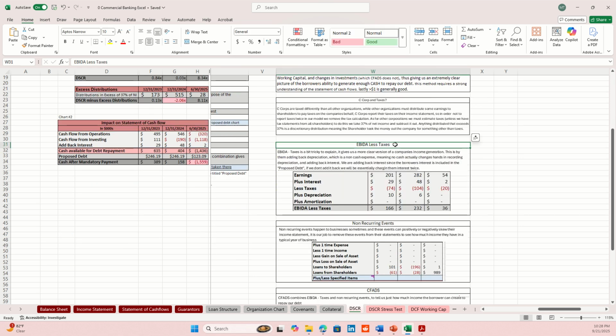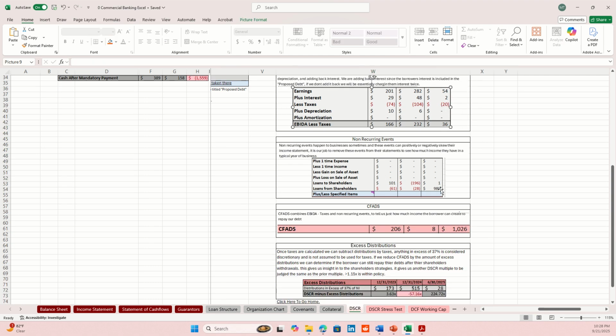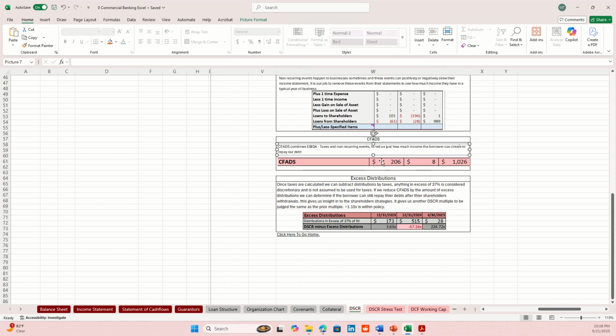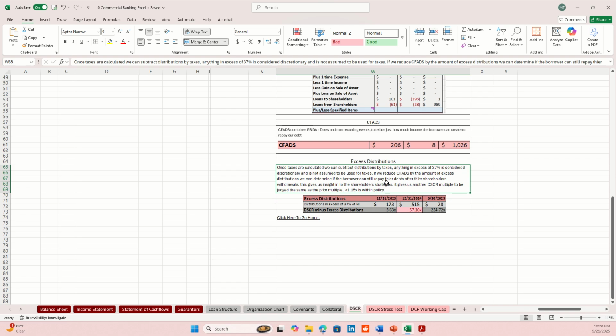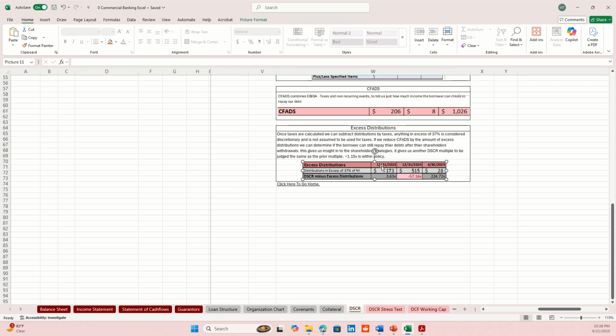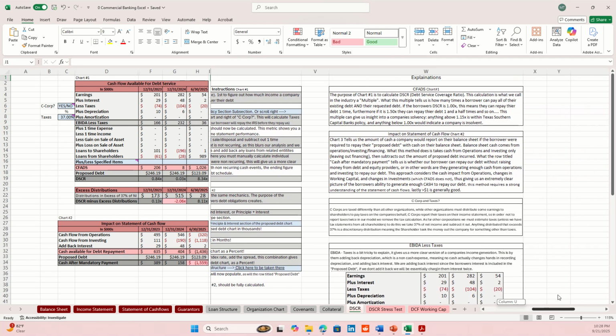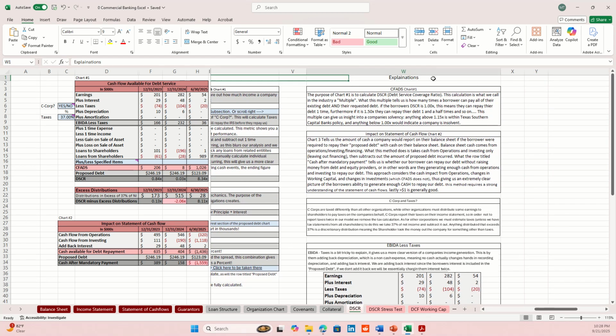That's something that explains EBITDA less taxes, so EBITDA minus taxes. That's something that explains non-recurring events. There's something that explains cash flow available for debt service. And then there's something that explains excessive distributions. Okay? All of that, it can be explained. I want y'all to don't be afraid to come to the right and look at the explanations.